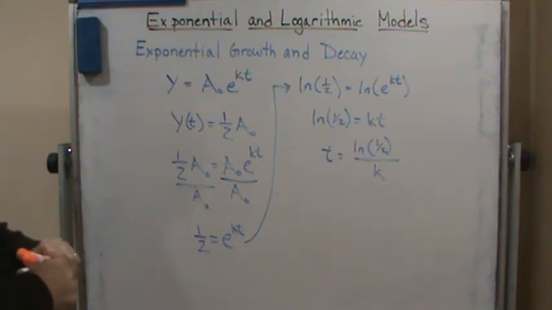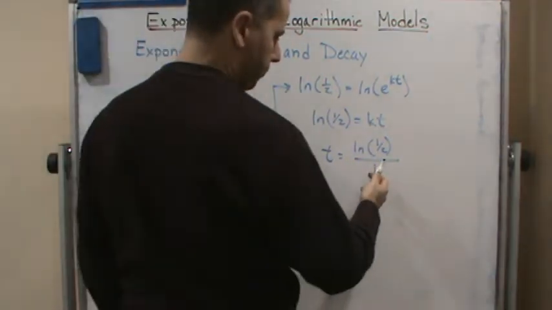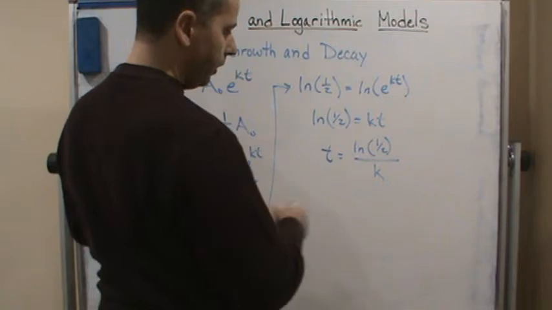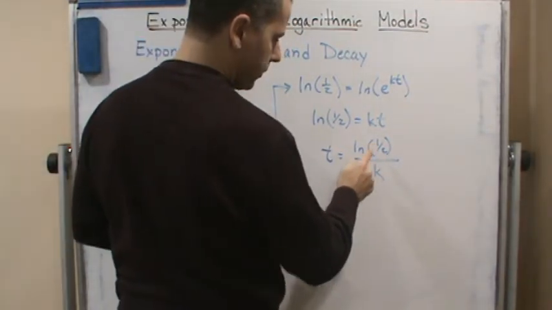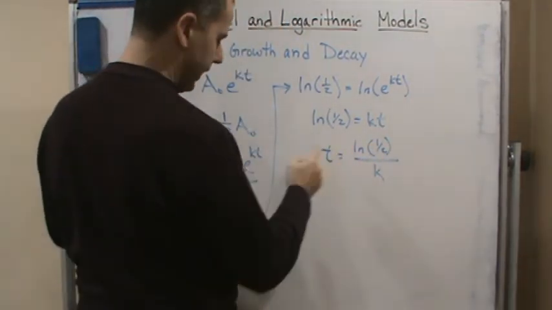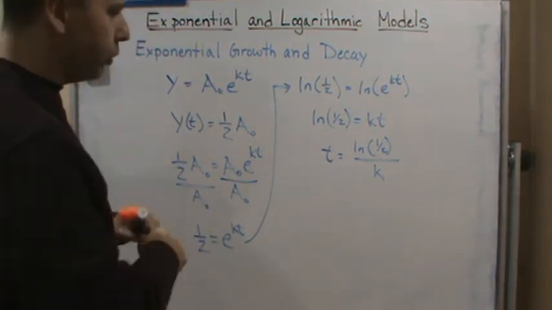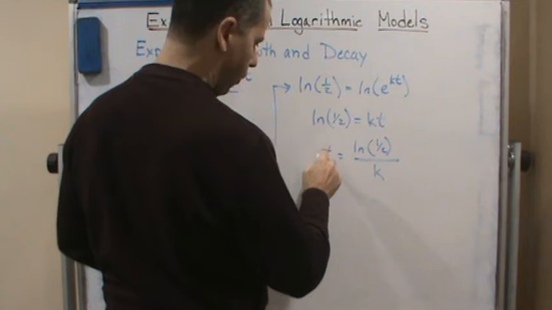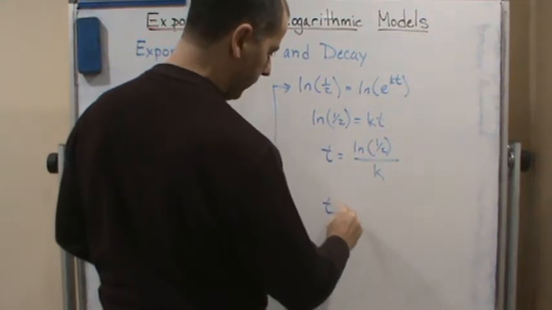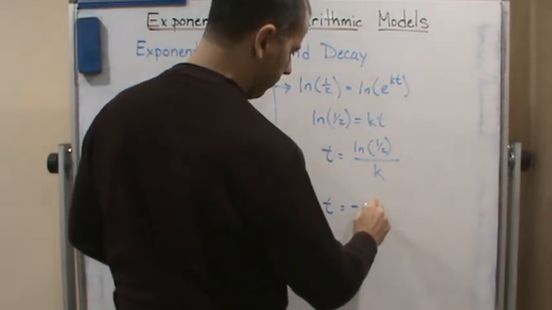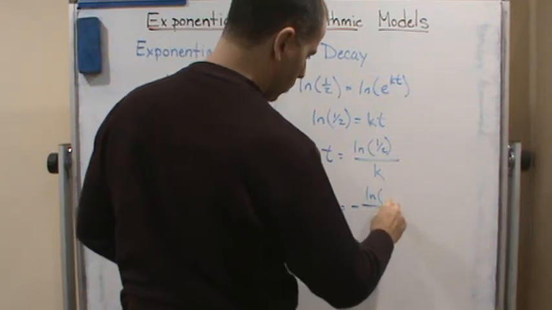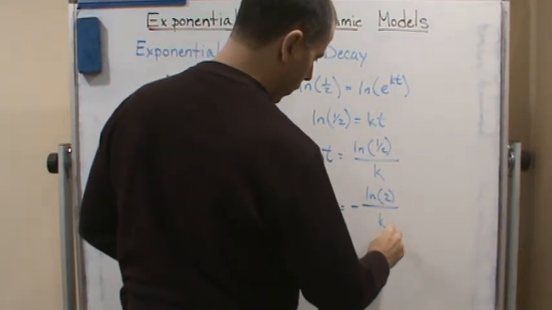Now you could also inverse this, and then pull the -1 out. And it's the same thing. So you could write this formula this way: negative natural log of 2 over k.